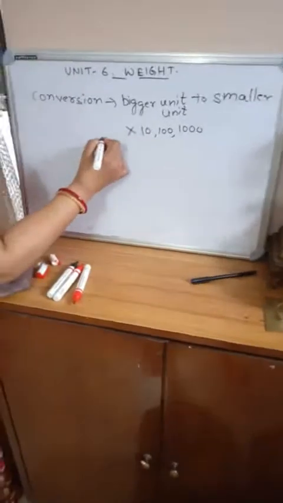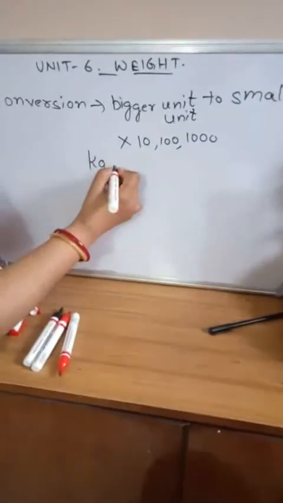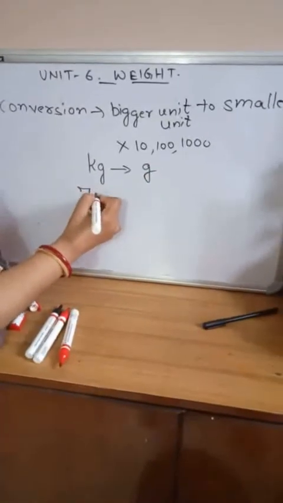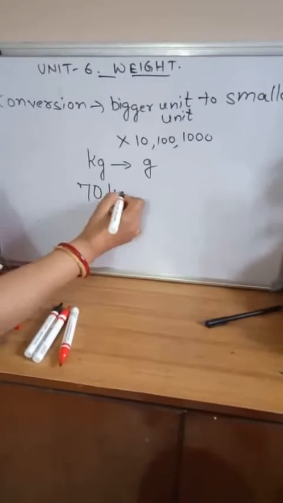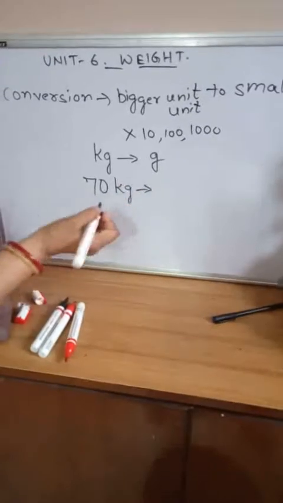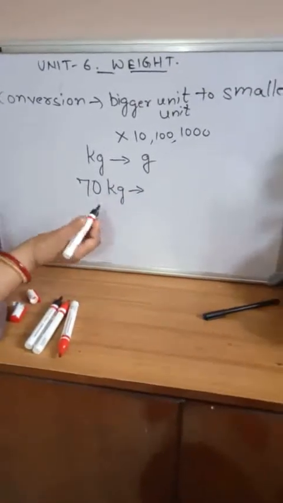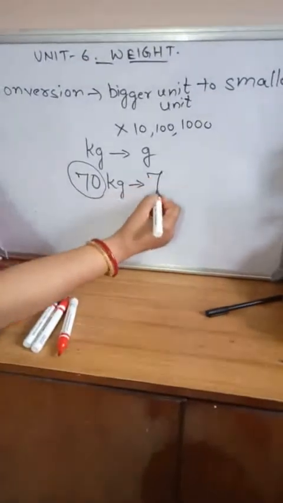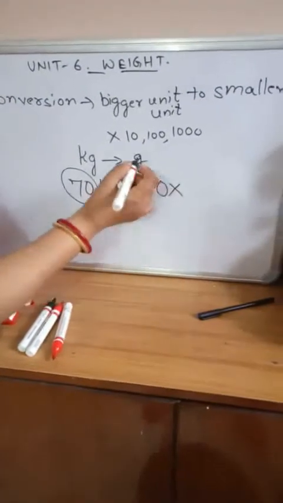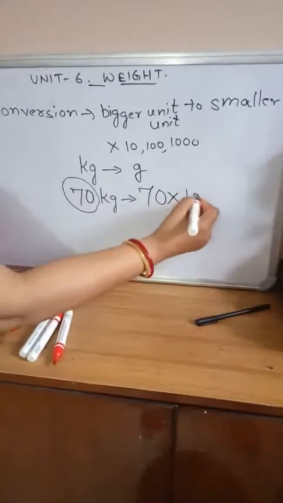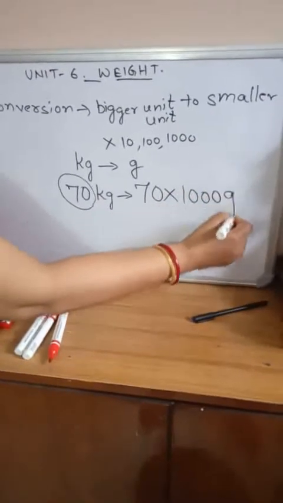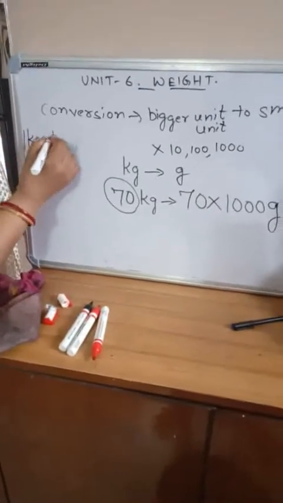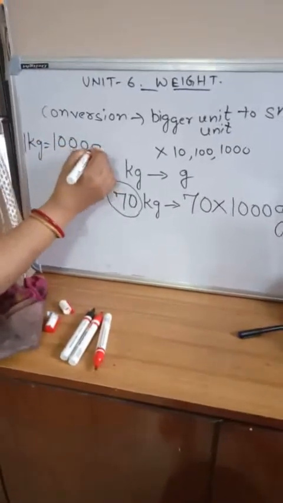Now here I have told you how to convert from kilogram to gram. For example, 70 kilogram. Now you have to convert this 70 kilogram into gram. What will we do? The number of kilogram will be multiplied by 1000 gram. Why? Because 1 kilogram is equal to 1000 gram.